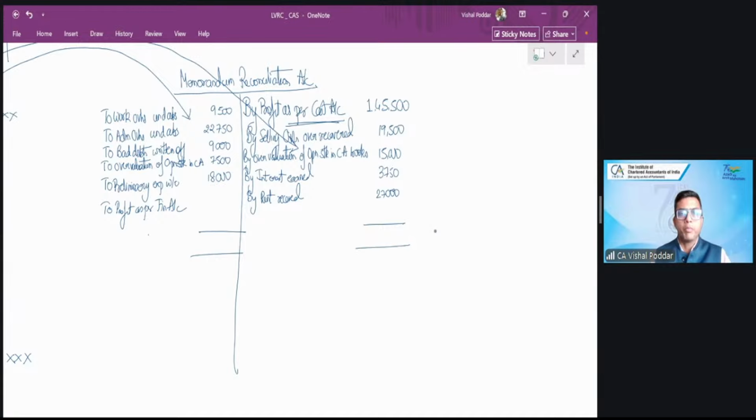So I'm getting 144. Correct? Students, 144 is correct. 750, yes, according to it is correct.